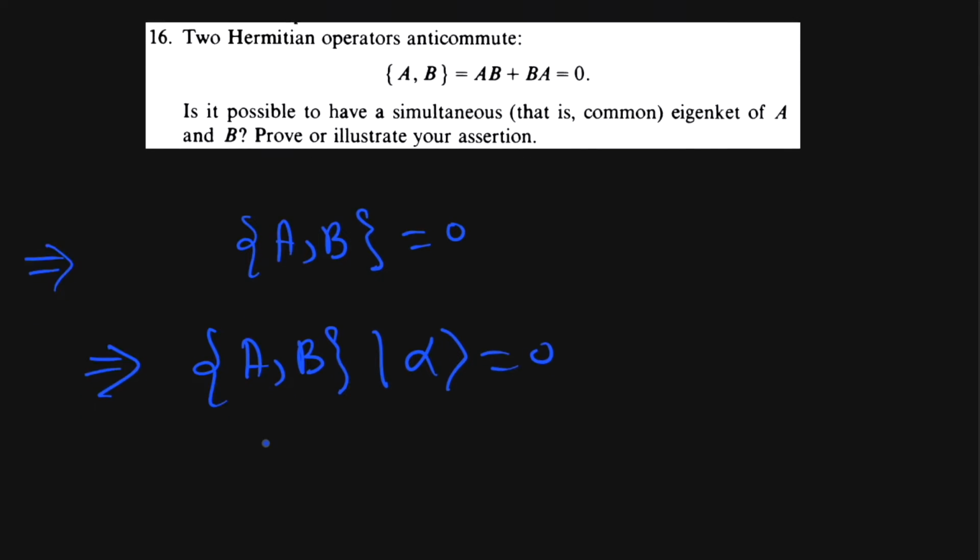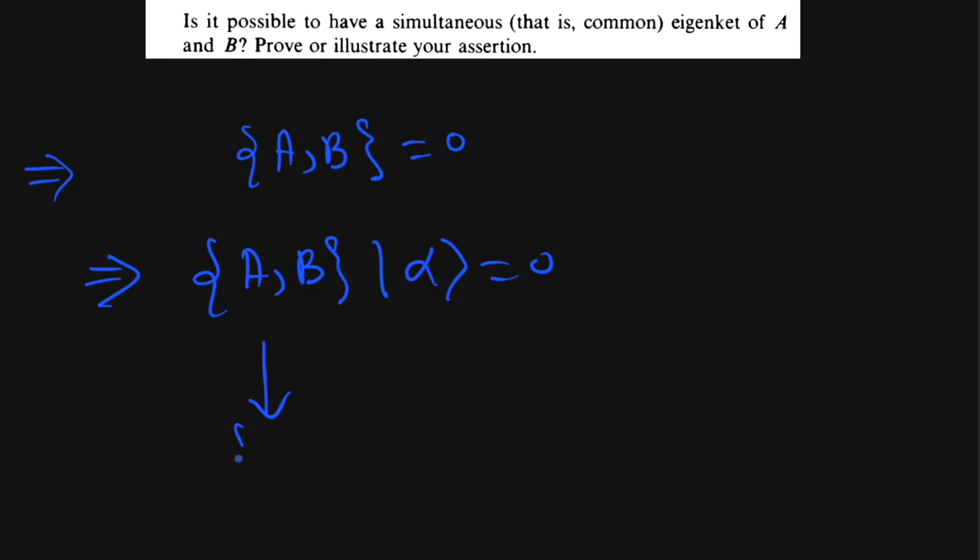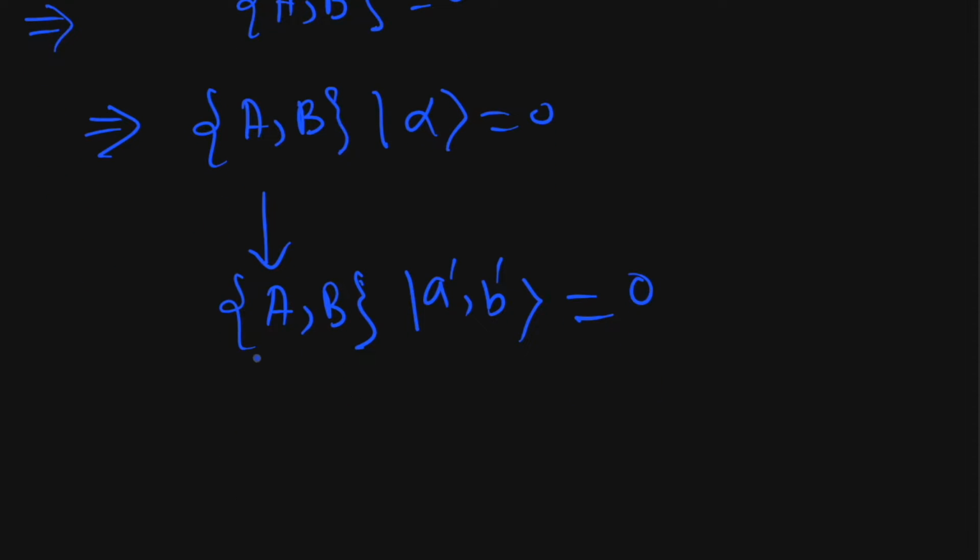That means if we operate on some simultaneous eigenkets |a', b'>, it should also give 0. Let us check whether or not operating on a simultaneous eigenket this anticommutation gives us back 0.